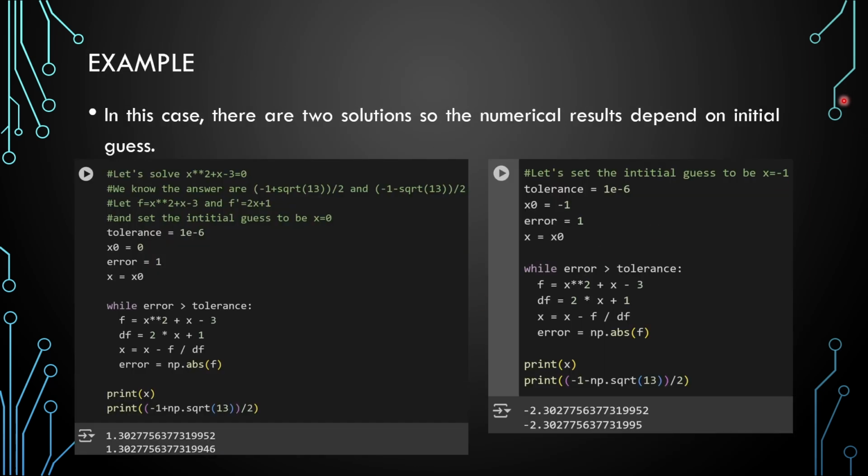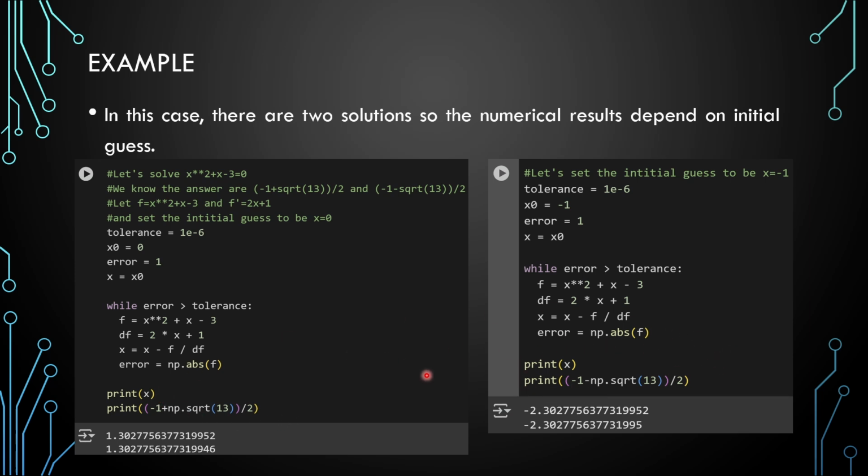Here is a simple example where I use Newton's method to solve a quadratic equation. For a quadratic equation, we know there are analytical solutions, so I will use those analytical solutions to verify my Newton's method simulation. You can see that based on different initial guesses, whether we start from x0 equals 0 or minus 1, we end up with a different final solution.